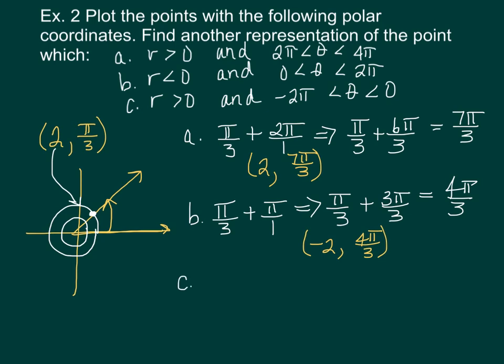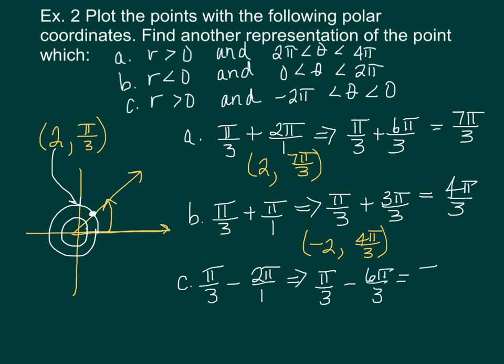And then last, they want r to be positive again, and they want theta to be in between -2 pi and 0. So since they want it to be negative, we're going to subtract 2 pi. And I have to get a common denominator.